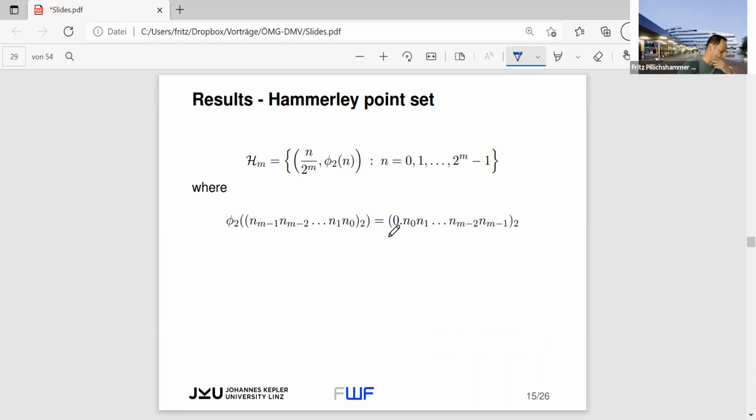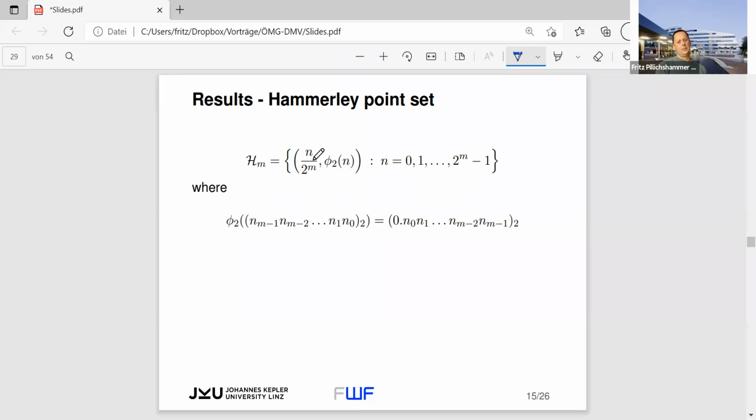So now I come to some of our, I would say, main results in our paper, namely exact formulas for the L2 discrepancies of two types of point sets that are very popular in discrepancy theory and also numerical analysis. In the first place, the Hammersley point set, and later on I will speak also about rational lattices. The Hammersley point set, I think you know the definition, H_m with index m consists of 2^m elements.